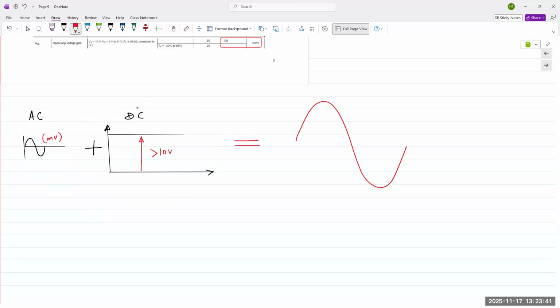The AC signal, for simple representation, is simply one sine wave that I've shown here. Could be anything. If you think about it, the sound of my voice that is being captured by the microphone right now, the microphone converts sound waves into electrical signals. Those are very, very small.